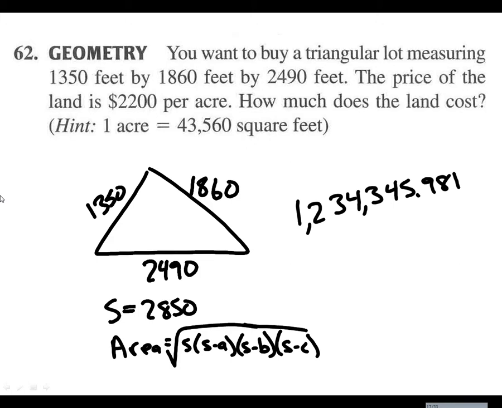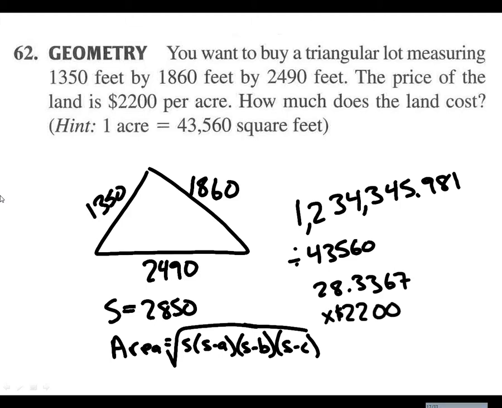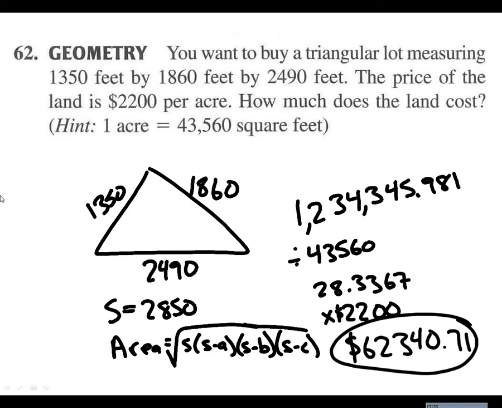I'm sorry, not acres, square feet. And so let's go ahead and divide that into acres. So divided by 43,560. I've got 28.3367 acres, and at 2,200 square feet, I'm sorry, per acre, times $2,200, we're going to end up with a sale price of $62,340.71, and that will do it.